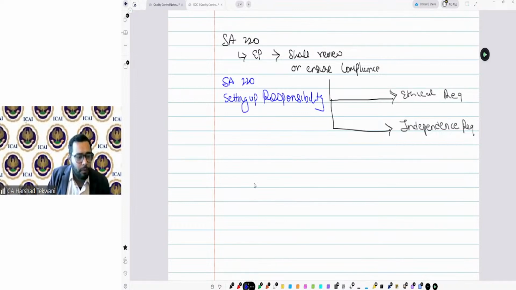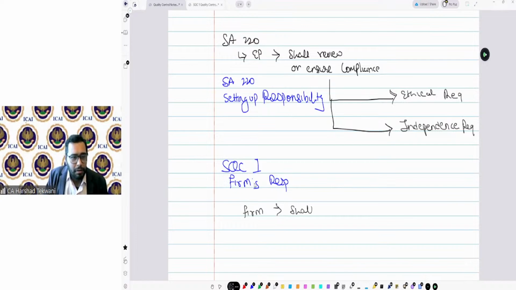So what SQC1 says is the firm's responsibility: the firm shall design. Again, the words we saw in SQC1 were design policies and procedures.